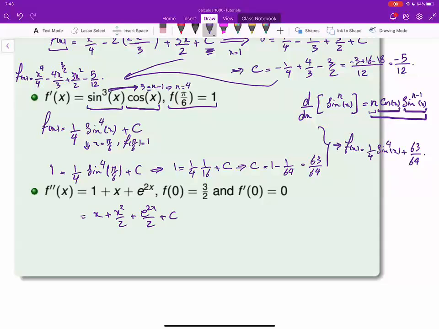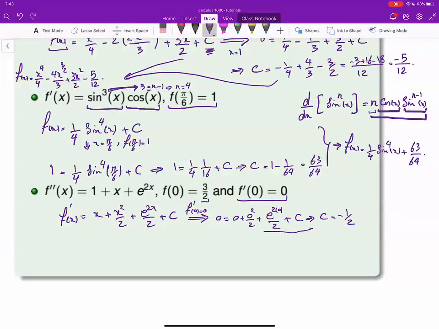And the antiderivative of f double prime is going to be just f prime itself. And then use the initial value given for f prime. So I know that f prime at 0 is 0. That means 0 is equal to 0 plus 0 squared over 2 plus e to the power 2 times 0 over 2 plus c. And that means that c is equal to negative 1 over 2.